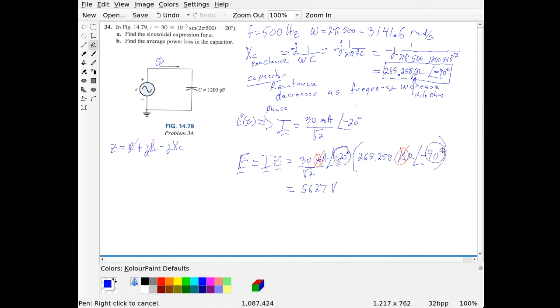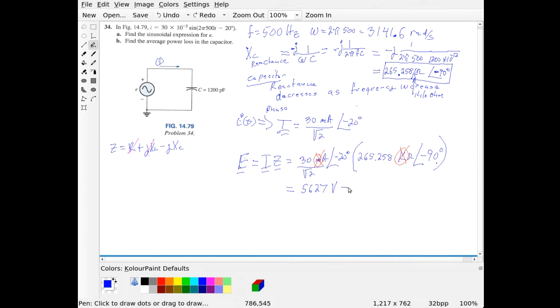Now remember, when you're multiplying phasor angles here, they do a lot of this in the book, then the angles add. So when you're multiplying, angles add. When you're dividing, angles subtract.